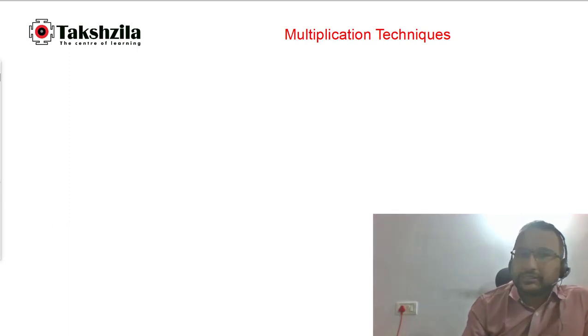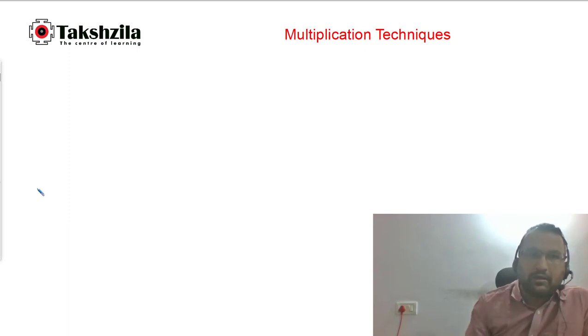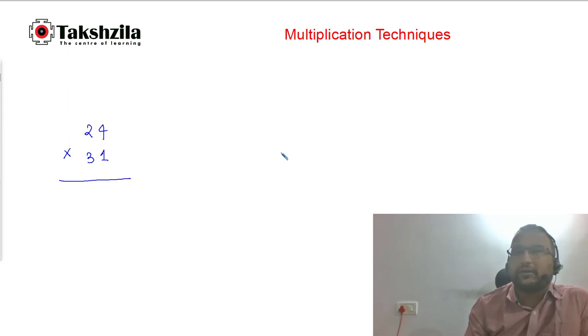Now there are two representations, one is vertical and one is horizontal. Let's learn both. Vertical means like this. Let's take 24 into 31, and this is vertical, and then 24 into 31, this is the horizontal approach.